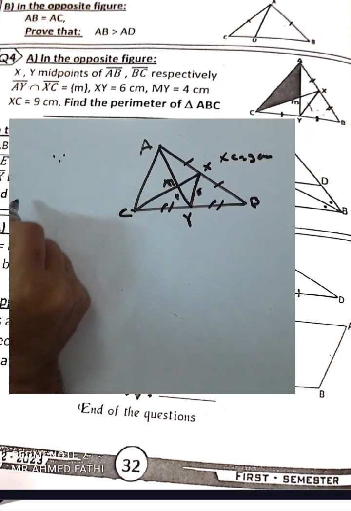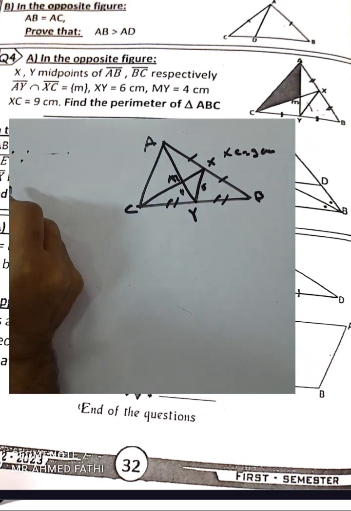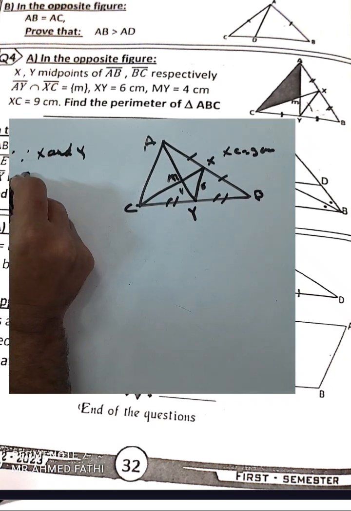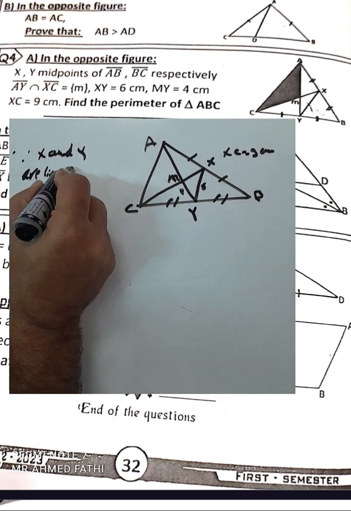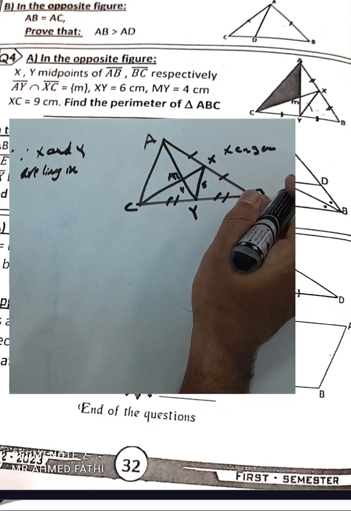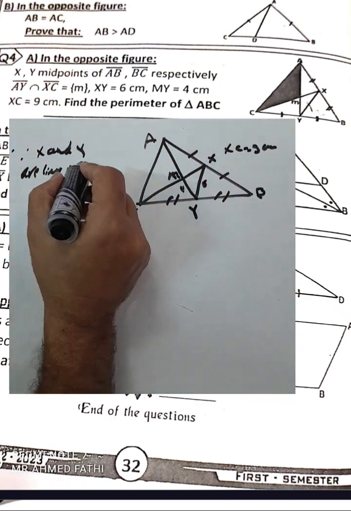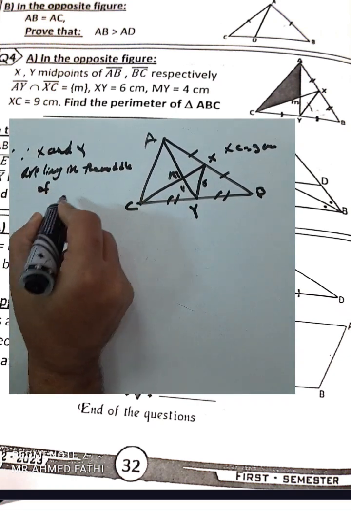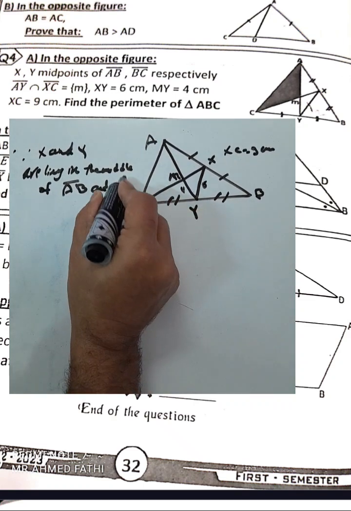We can write such that we have X and Y lying in AB and BC, in the middle, lying in the middle of AB and BC.